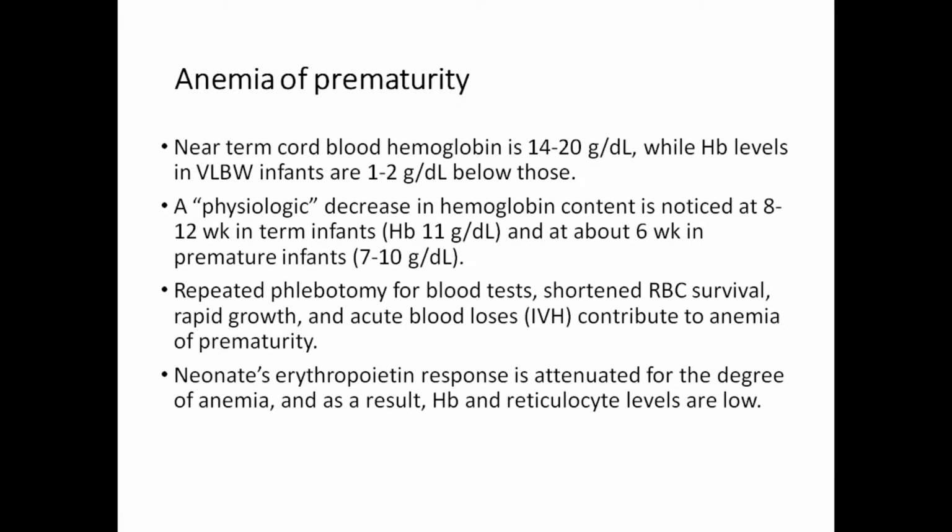For example, if your premature baby is extremely low birth weight, and the weight of this baby is only 500 grams, even 1 milliliter is very important, because the amount of blood in circulation is only 40 milliliters.